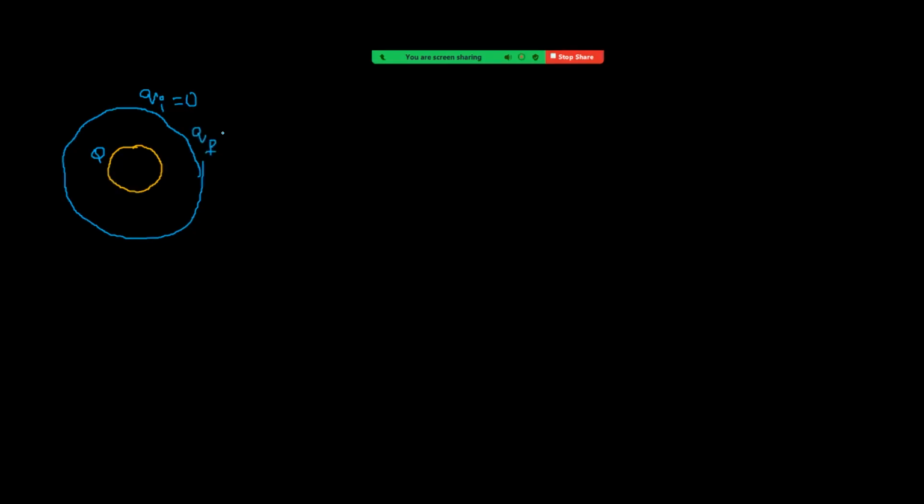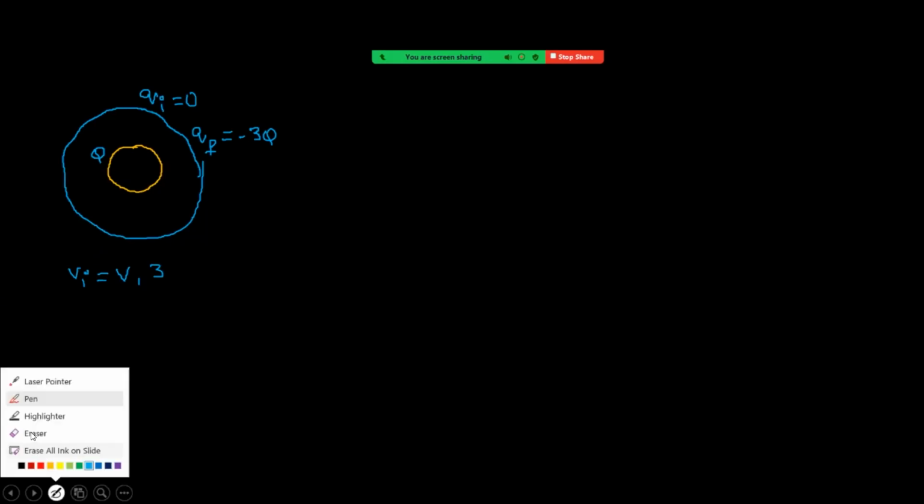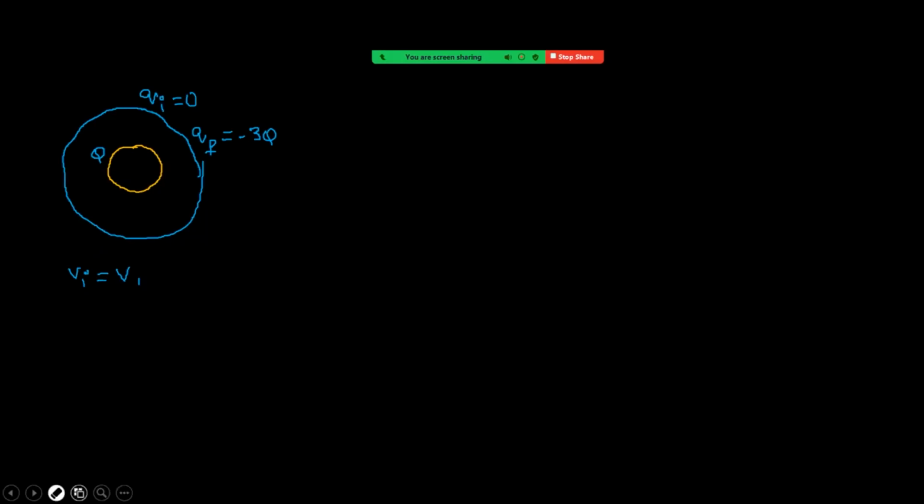Q final is minus 3Q. Initially the potential difference is given as V. Finally, the potential difference is how much?